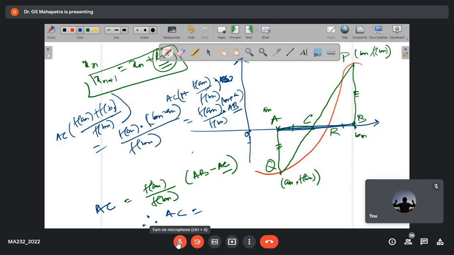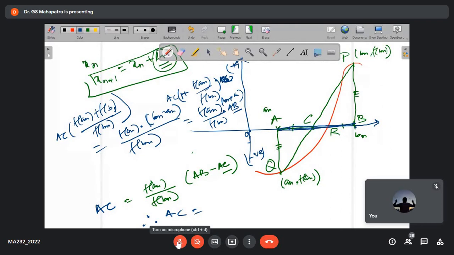Now since all are lengths, distances, they should not be negative. But f of An will give you a negative answer, since below the x-axis the y value is negative, above it is positive. Similarly, f of A may be negative, that is also possible.